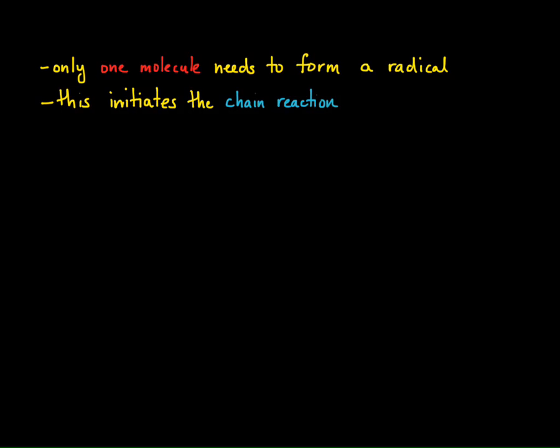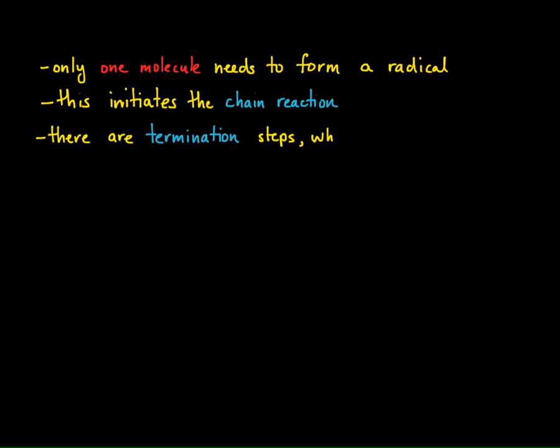So the radical initiates a chain reaction in which steps 3 and 4 repeat one another over and over and over until you build up a large amount of product, namely the alkyl bromide.